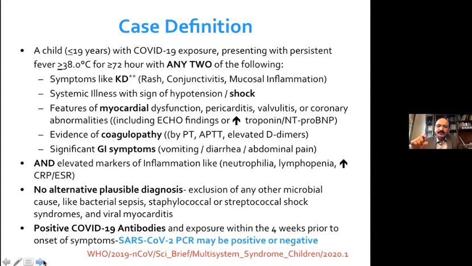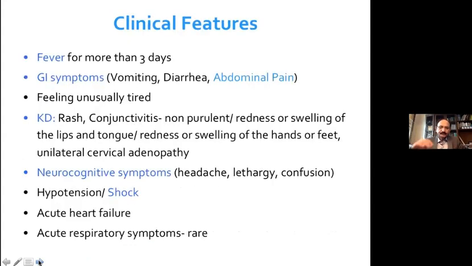So you need to have at least 2 systems involved before you label a child as post-COVID MISC, and you need to also make sure that there is no alternative plausible diagnosis. And one must-do thing is to get their antibodies done. You will only label a child as post-COVID MISC once their antibodies to COVID are positive.